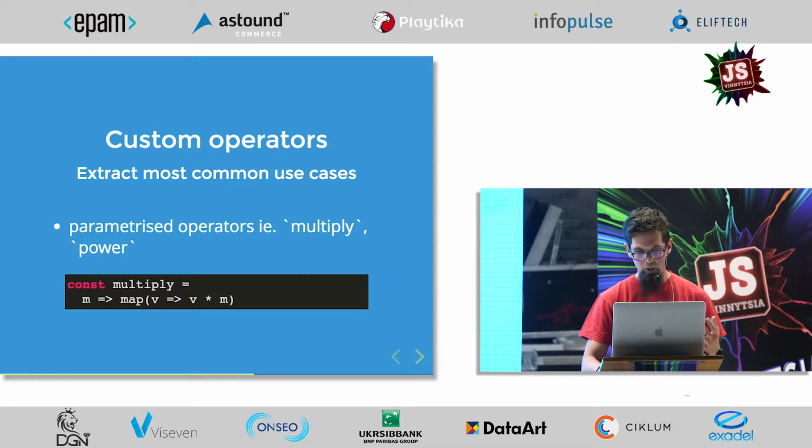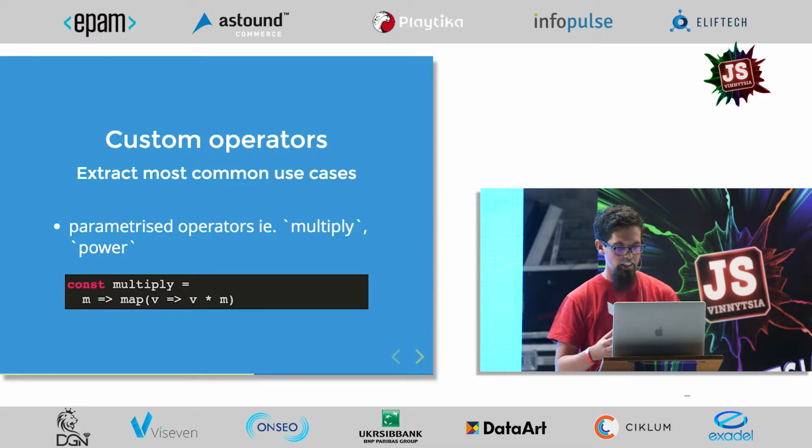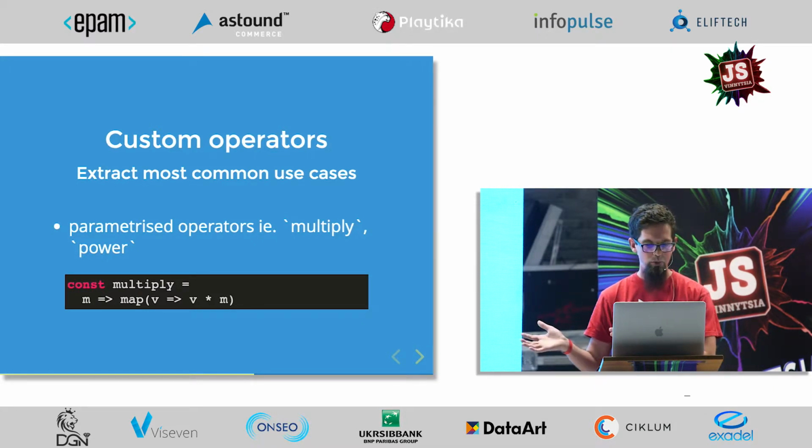So it's pretty similar. Here we just, instead of assigning an operator right away, create a function which, after we call it, will return us an operator. So here we provide it with a multiplicator, and it returns just a map operator, which does the regular thing.